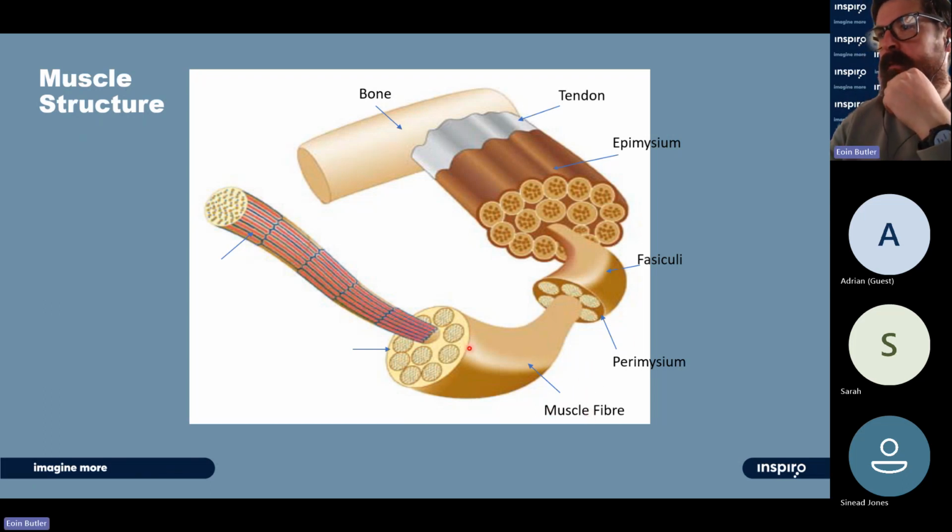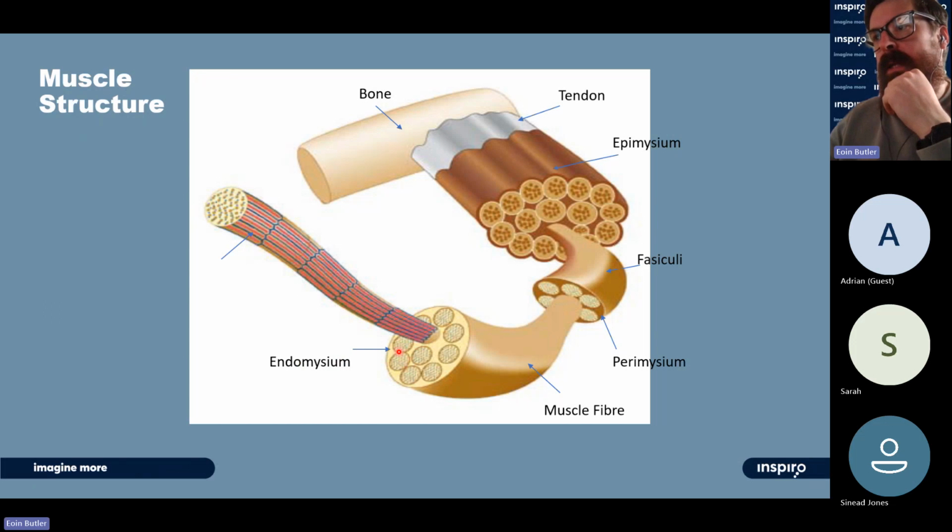Each individual muscle fiber has its own wrap, and that wrap is called the endomysium. So you've got the epimysium on the outside, the perimysium surrounding the bundle of muscle fibers, and the endomysium surrounding an individual muscle fiber.